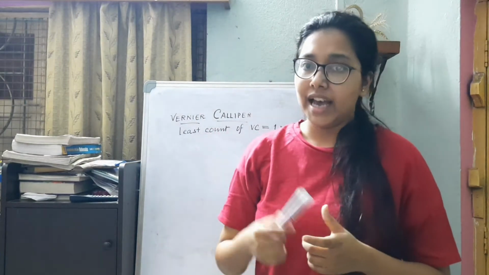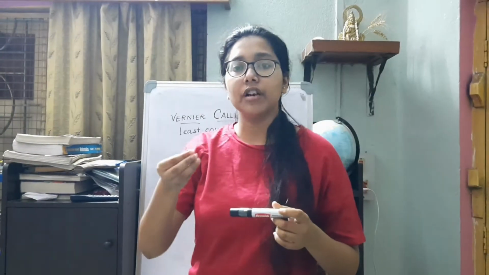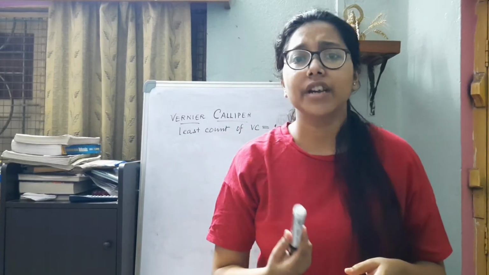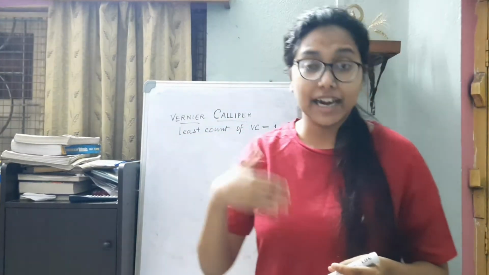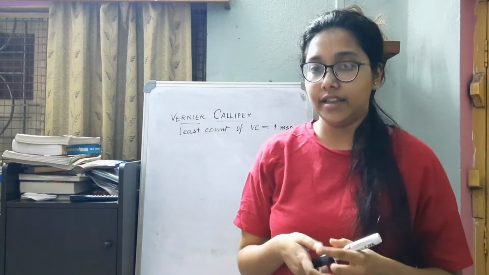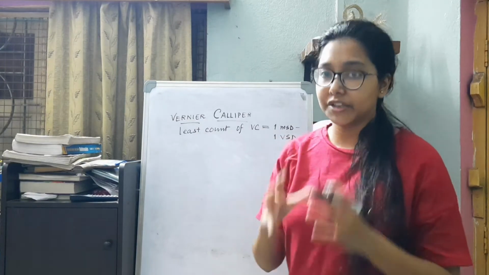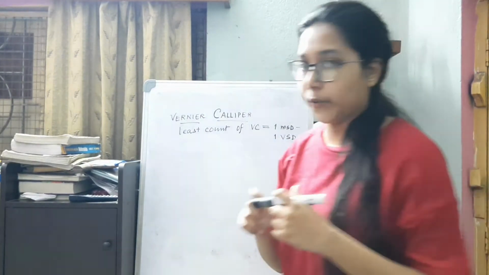It is solely because of the least count. The least count of a meter scale is generally 1 millimeter, but the least count of a vernier caliper is 0.1 millimeter. That means the vernier caliper helps in measuring a length with much more precision and accuracy.